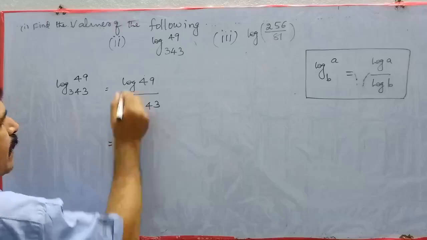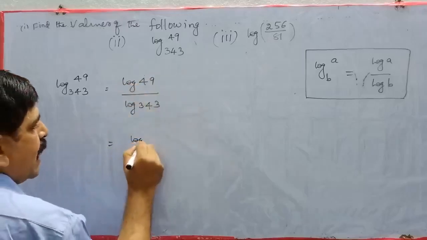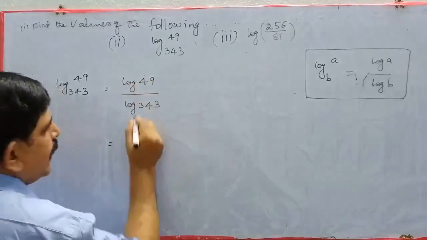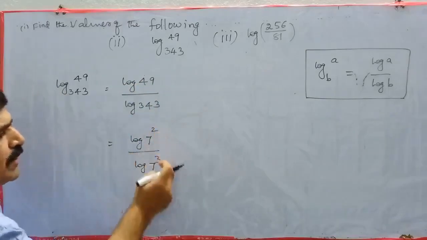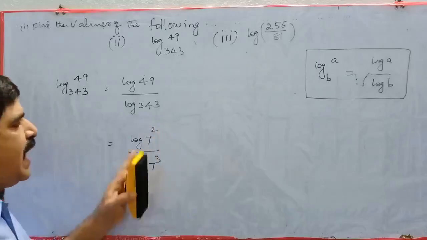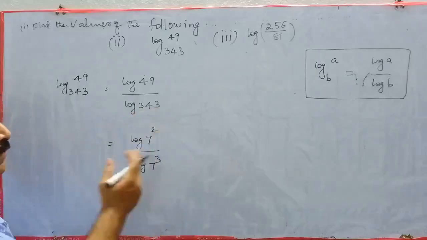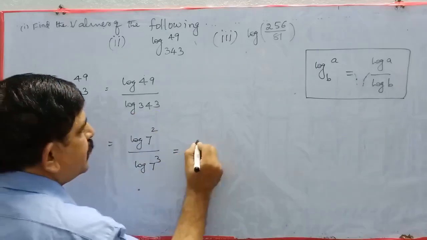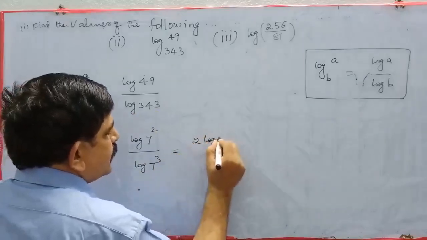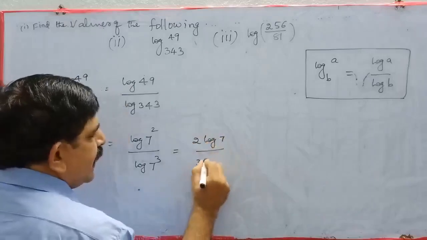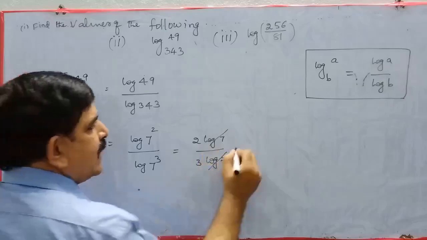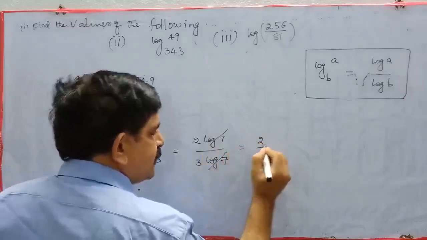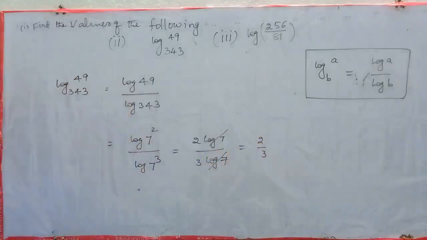Now log 49 can be written as log 7 square by log 7 cube. Both numerator and denominator are in the form of log a to the power of m, which is m log a. So this is equal to 2 log 7 by 3 log 7. Log 7 gets cancelled, so the remainder is 2 by 3. Like this we can find the value of log 49 base 343.